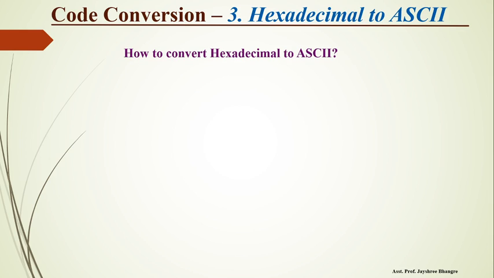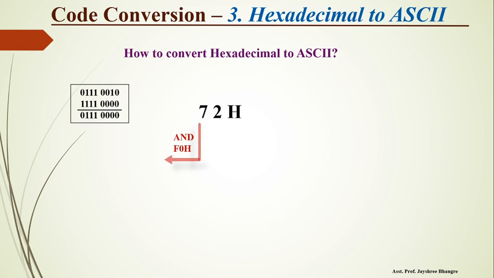So how do we convert hexadecimal to ASCII? We are considering the hexadecimal number 72H, and we want to convert this hexadecimal number into the equivalent ASCII. First we have to separate these two digits. We separate the first digit using an AND operation, ANDing 72H with F0H.